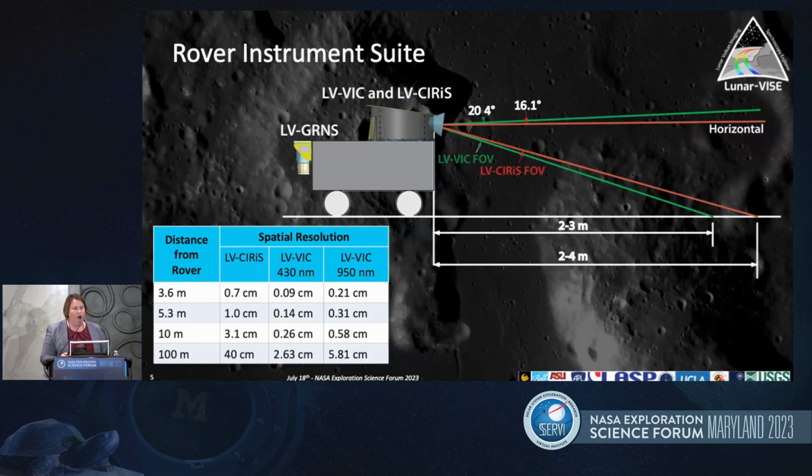If we assume that this rover is approximately 1 meter in height, when we think about the spatial resolutions that we can get from our multispectral cameras, you can see here on this table that at about 3.6 meters from the rover, we should be getting sub-centimeter spatial resolutions. And if we go out to 100 meters, we're still talking about tens of centimeters at the thermal infrared wavelengths and centimeters in scale at the visible near infrared wavelengths.